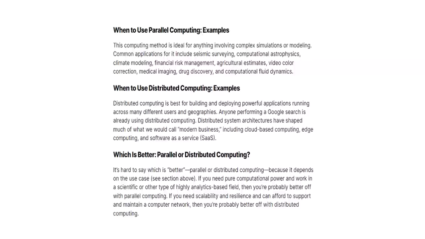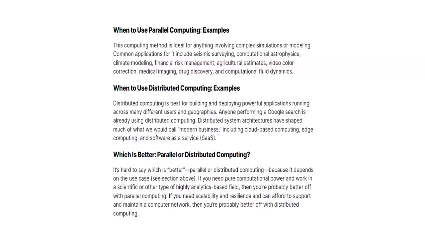So Google is the best example of distributed computing. Different users work from their homes across the globe, and they all are connected to a distributed system. Distributed system architecture has shaped much of what we could call modern business, including cloud-based computing, edge computing, and SaaS.